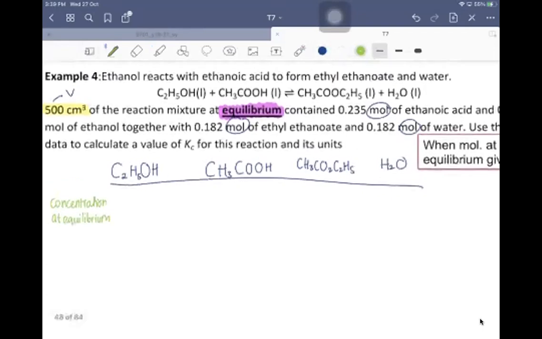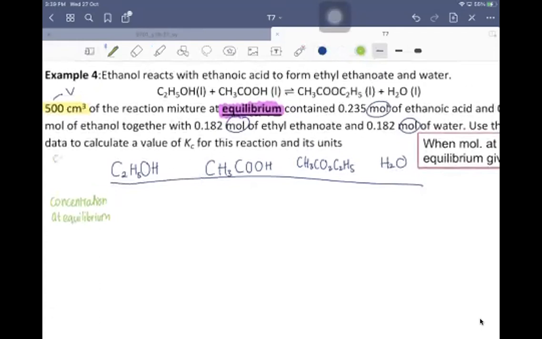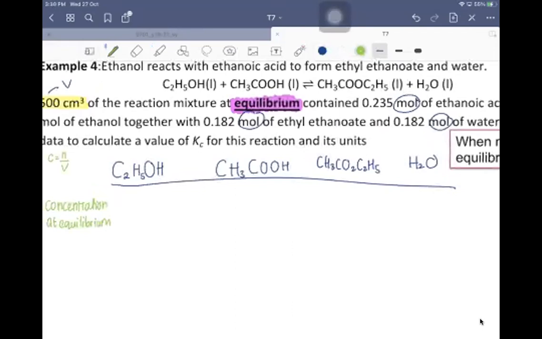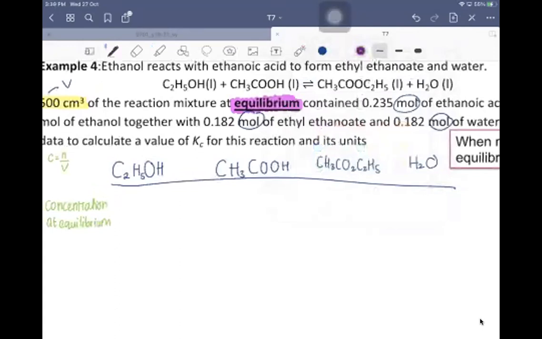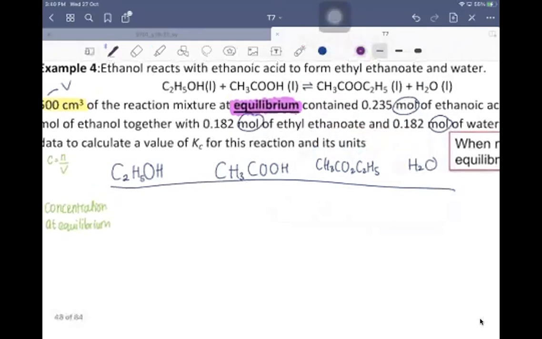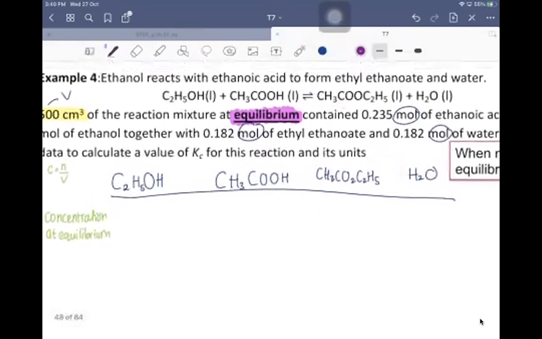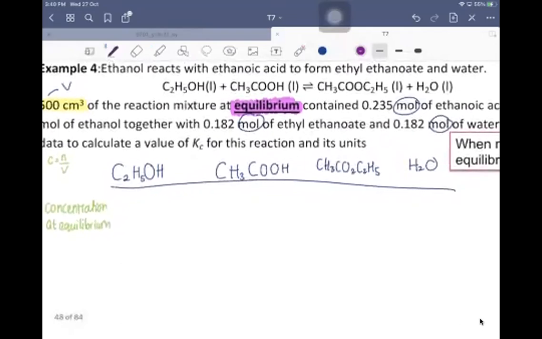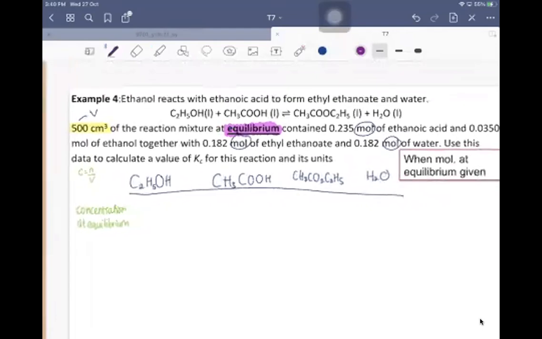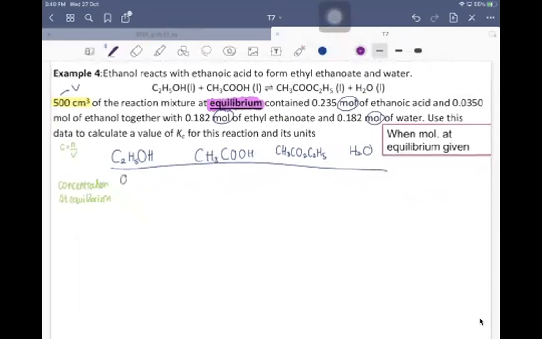Now, if you still remember your formula, concentration is equal to number of moles over volume. I will not use green because I noticed that you cannot really see the writing. So to find the concentration of ethanol is 0.0350 mole per dm cube.